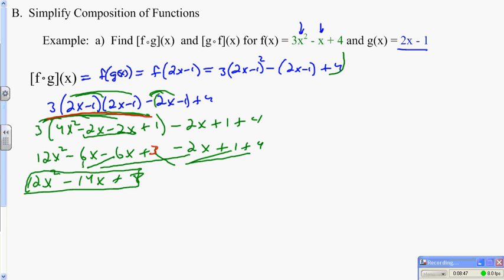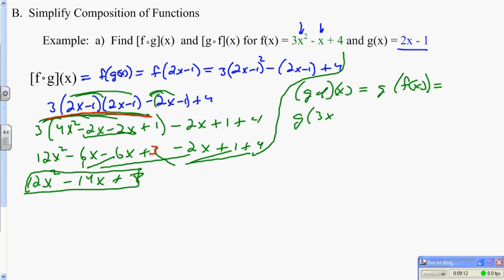Now that's a lot of work, but it was mainly because of the square. So let's try the next one. And that is g of f of x, which is g composite f of x, which is g of f of x, which is g of 3x squared minus x plus 4.